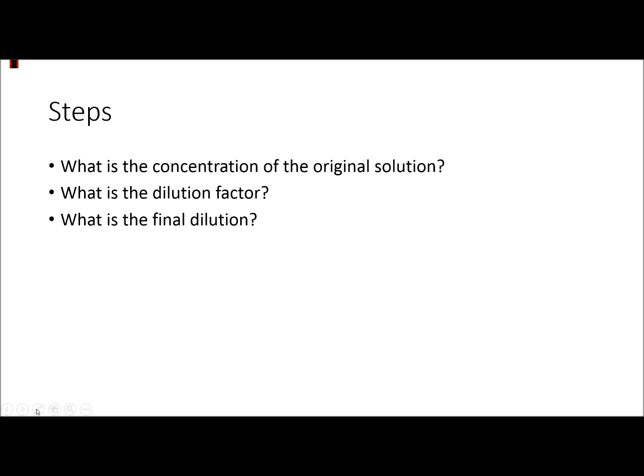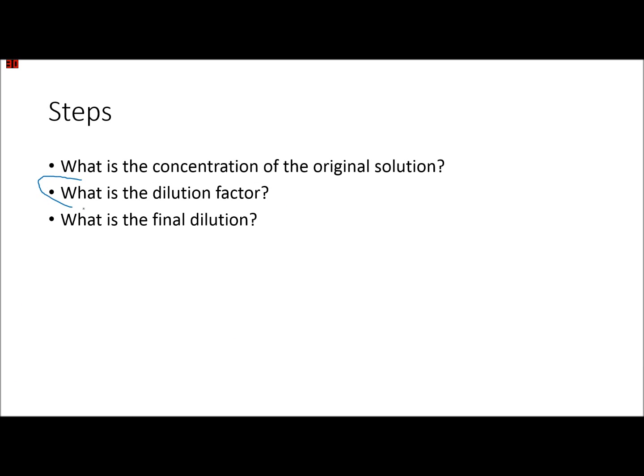The first step is usually looking at what the original concentration is, but sometimes that doesn't apply because you may have a pure solution, or you may just not need that for the question. It may just be asking you about final dilutions, etc. So the important part here is talking about dilution factors.